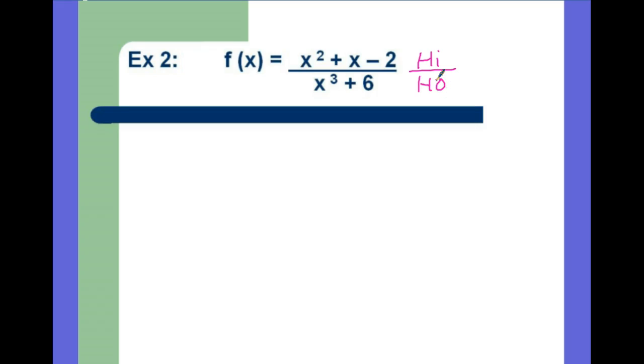Hi ho. Hi ho. So, ho D high. This is where you have to really watch your algebra. The parentheses matter. You got to make sure you encompass things in parentheses. So it's x cubed, derivative of the top is 2x plus 1.